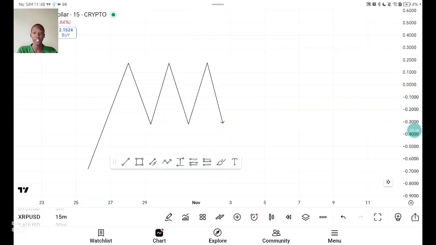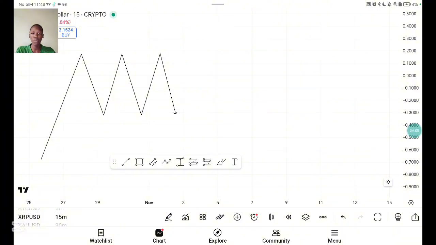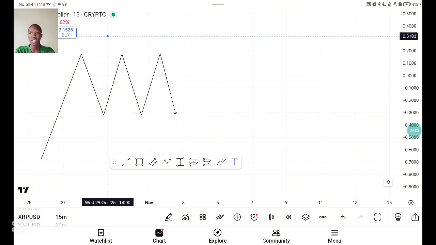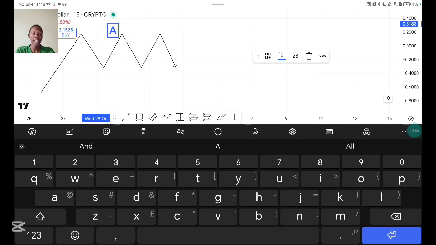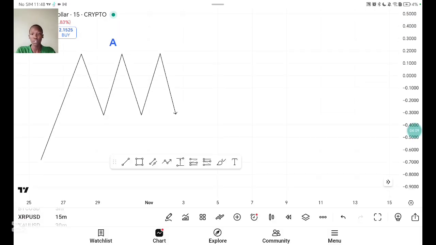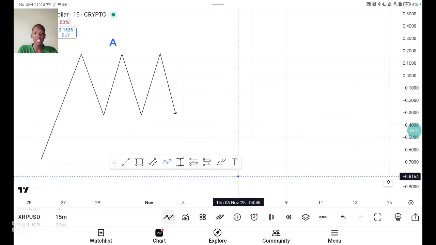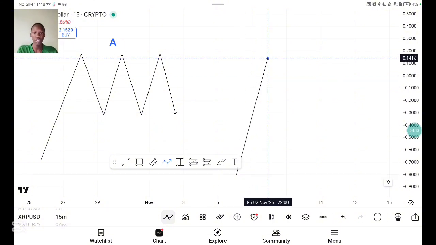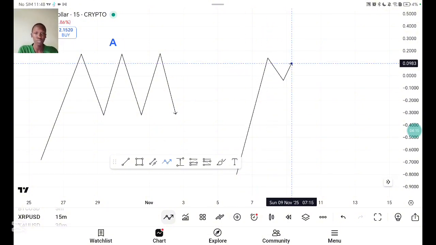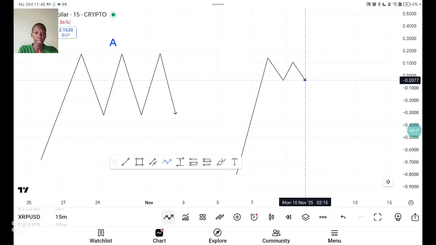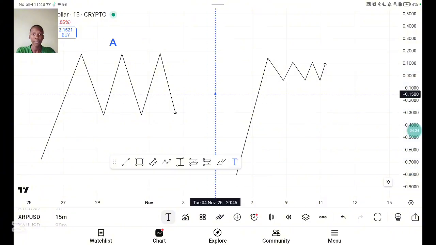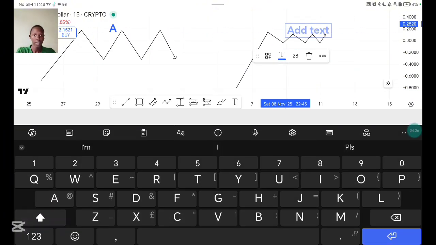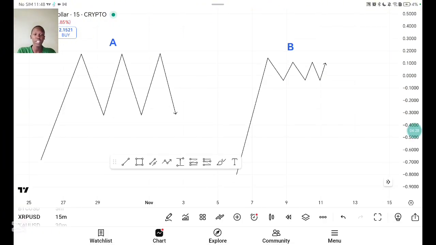We shall call it consolidation A. Then there's the smaller consolidation, which is smaller like this, which we shall call consolidation B.